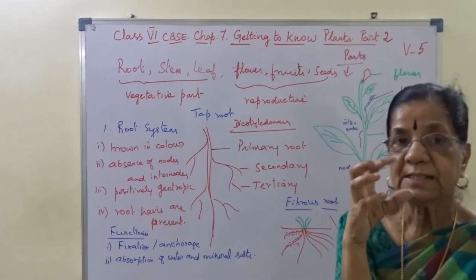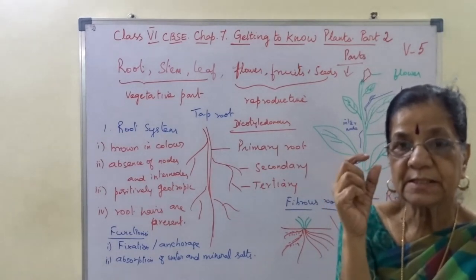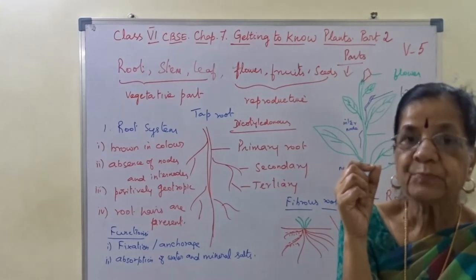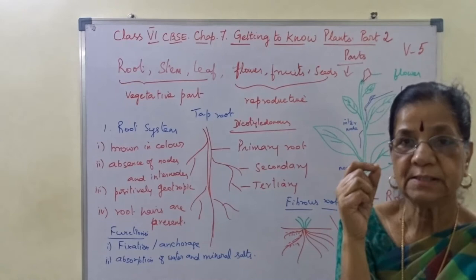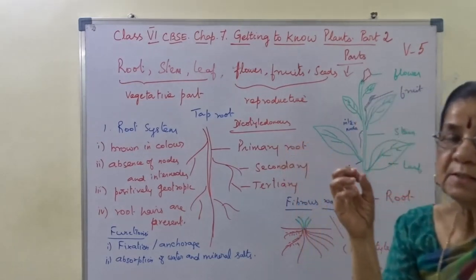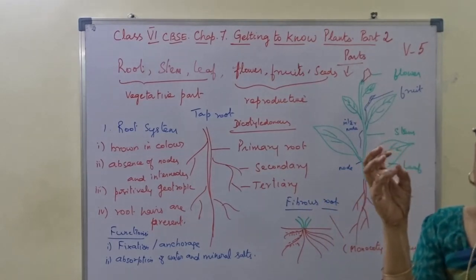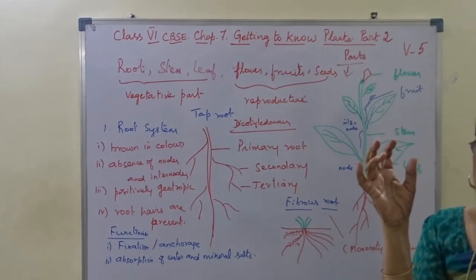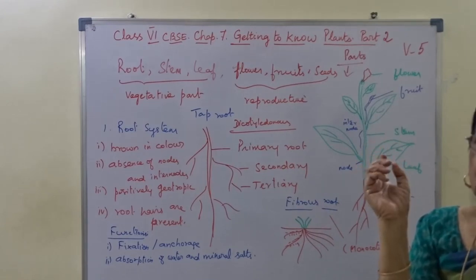So like that in rice and maize, the seeds are enclosed within the fruit wall, and there will be only one cotyledon. Those seeds with a single cotyledon, those plants are called monocot. With two cotyledons, they are called dicot plants.